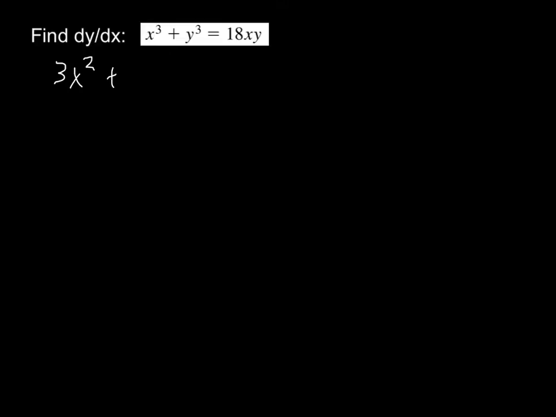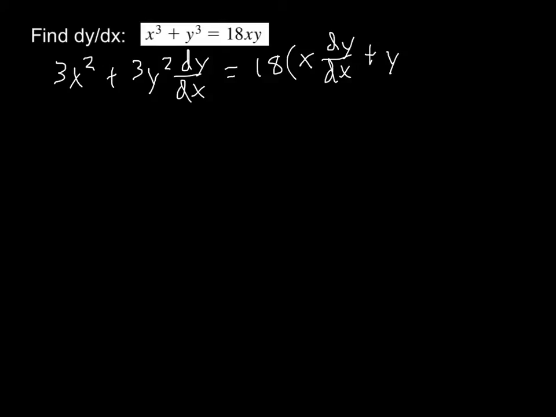Plus 3y squared, what we do with the y is have to write dy dx, okay, equals 18 times, first times the derivative of the second, well, that's just dy over dx, plus second times the derivative of the first, which is just 1, dx over dx is just 1.